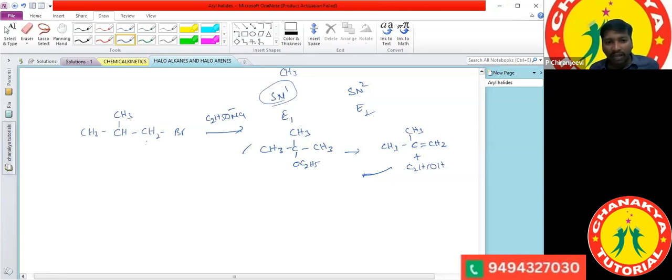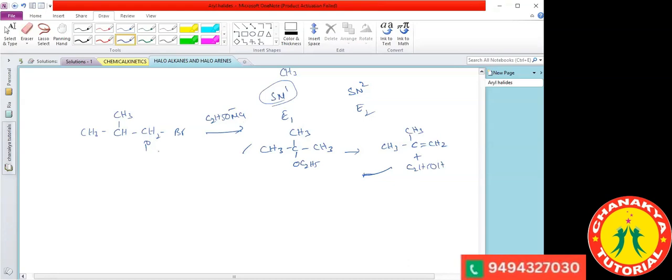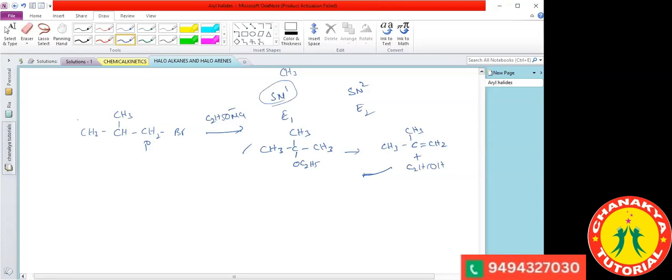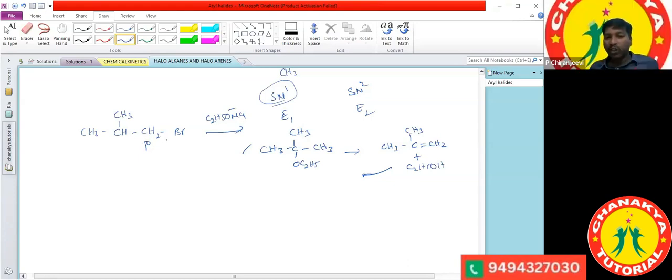Either it is a primary alkyl halide or a secondary alkyl halide. Primary, sir. Primary alkyl halides undergo SN1 or SN2 reaction? SN2. So the first step we are following as an SN2 reaction mechanism.